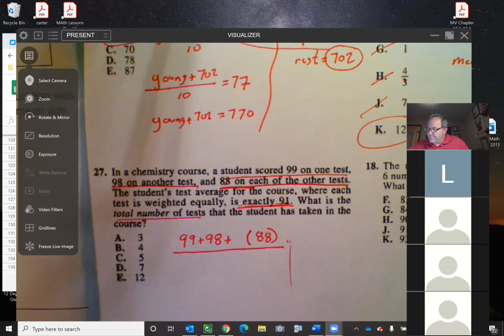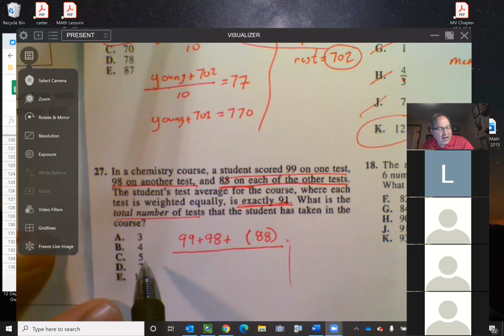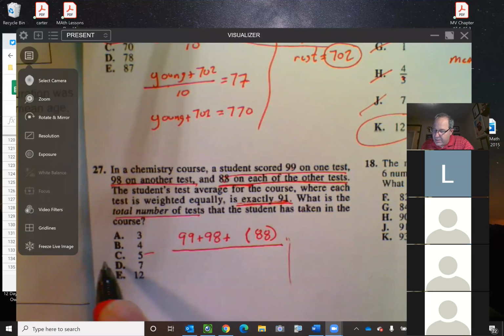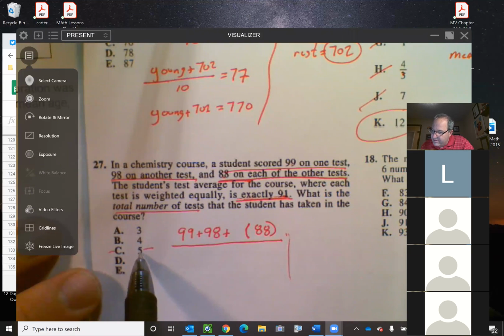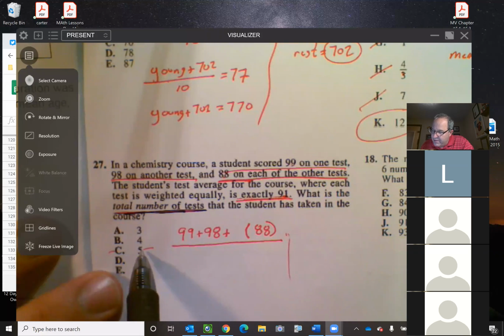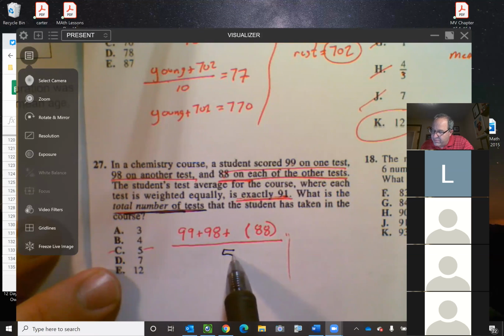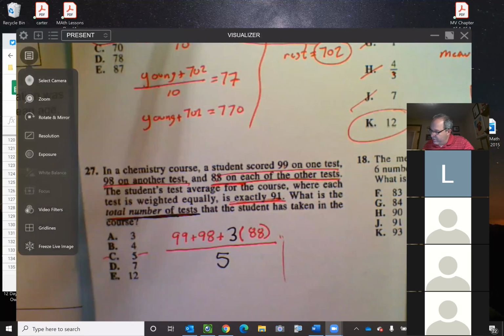So I'm going to guess my middle value. I'm going to guess a 5, right? Now, remember, the question says, what is the total number of tests? So I'm going to guess 5 is the total number of tests. Well, 5 is the total number of tests, so there must be 3 of those that were an 88.